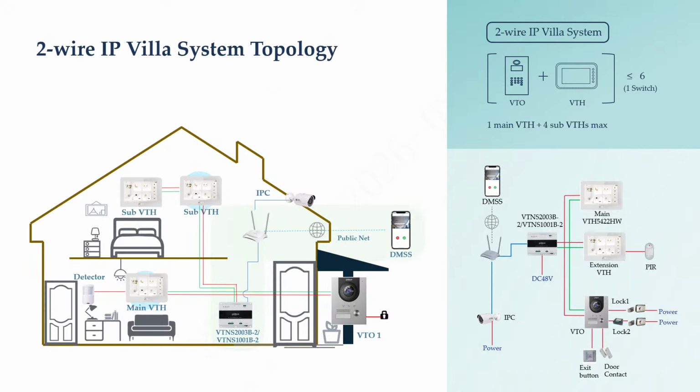This module is quite the same as the apartment module, but it has only one network input, and it cannot be cascaded, so it's optimized for villas.